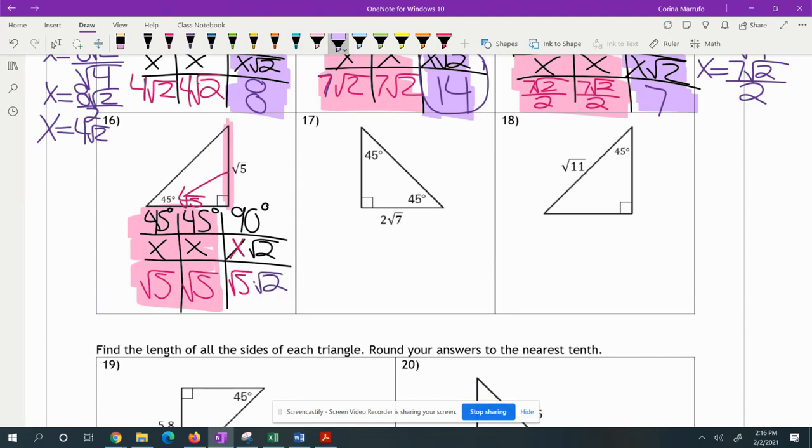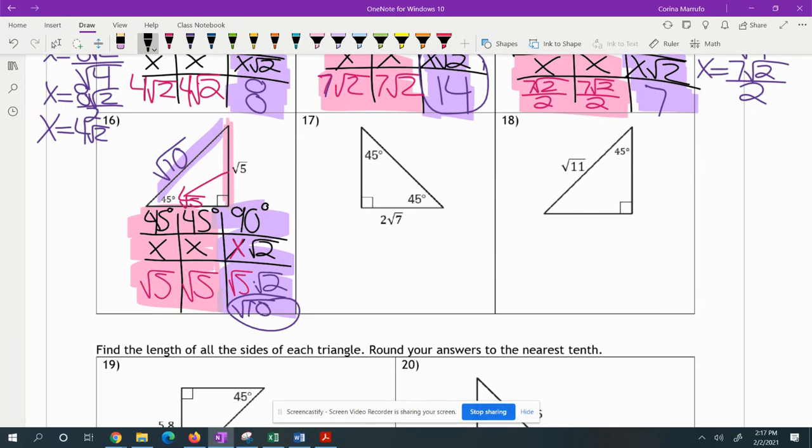Now we just got to simplify that. Remember there's a rule that says you can actually multiply the two numbers even though they're not in the same square root. So square root of 5 times the square root of 2 gives us the square root of 10. We see if we can simplify it. If we can, then simplify it. If not, that's the way it stays. So this side here is the square root of 10.